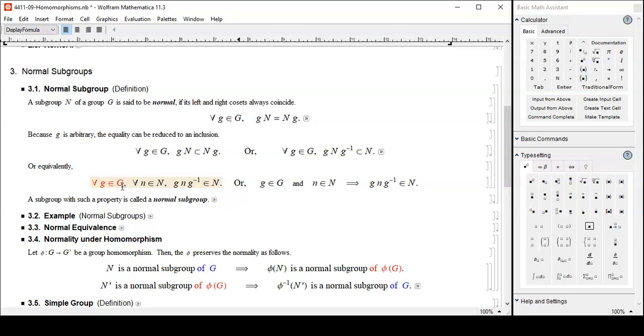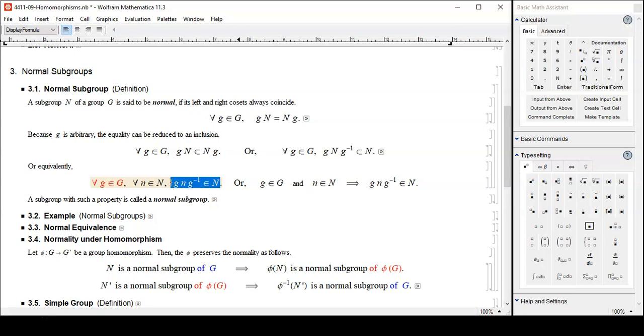Now, if this G becomes a much bigger group, then there are more small g's to consider. So there are more small g's to test whether this belongs to N or not. In other words, there's more chance this may fail. So it's less likely that N is going to stay as normal subgroup if you consider a much bigger group.